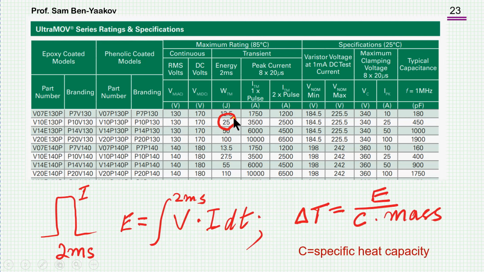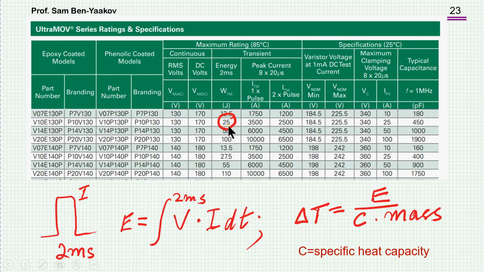Here we have the amount of energy that the unit can absorb without being destroyed for one particular occurrence, for one surge, for one pulse. This is limited by the amount of heat the device can store before the temperature goes over the maximum allowable temperature for the device. The energy, this is actually not watts, that is energy, that's joules, and this is for a test with a 2 millisecond current pulse.